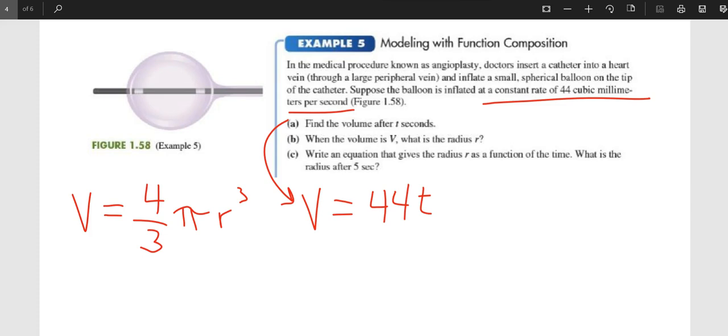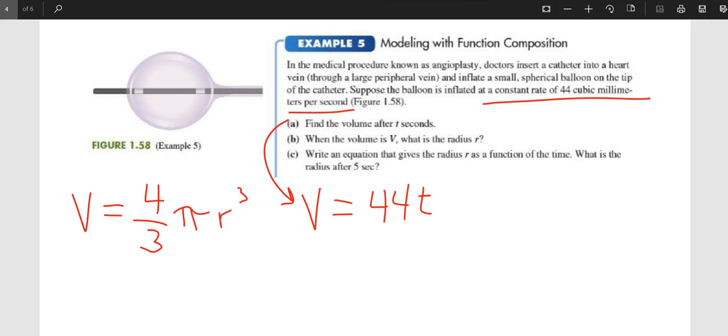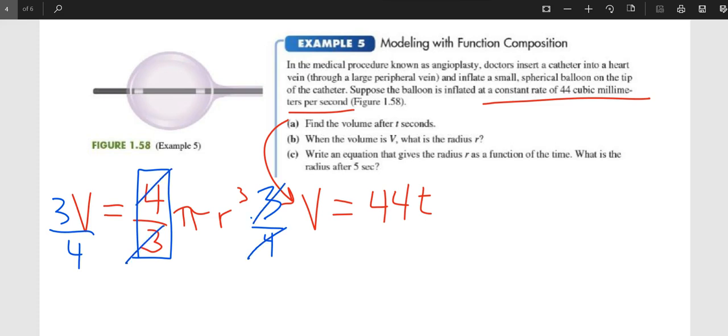So what should we do? Should you do 4/3 times pi and then like... Yeah, you got the right idea. How do we start moving this stuff to the other side? Like, what are you going to do with this thing? Times, let's do 3/4. I know. Division is the same as multiplying by the reciprocal. Okay, so now we got pi r cubed. How do we get rid of the pi?